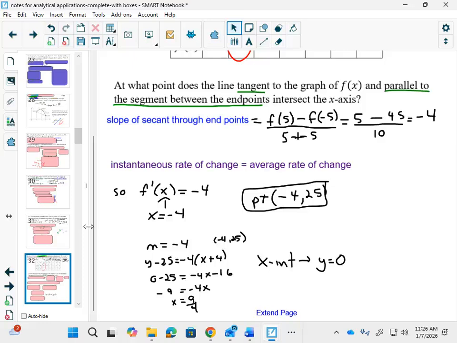So do you see what this question did as far as upping the challenge? It embedded the mean value theorem, but without an equation. And then you still had to think about, what am I finding? I need my equation of my tangent line, find out where that crosses the x-axis after that.